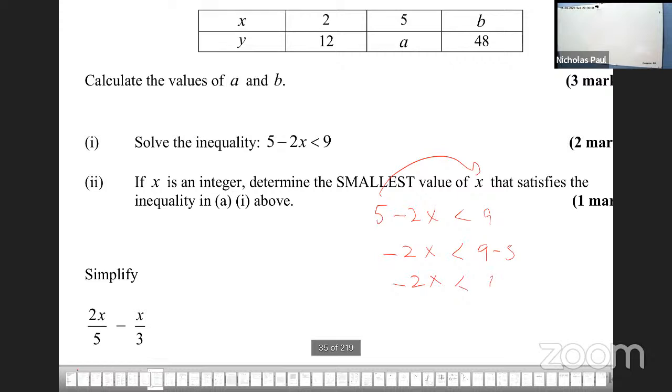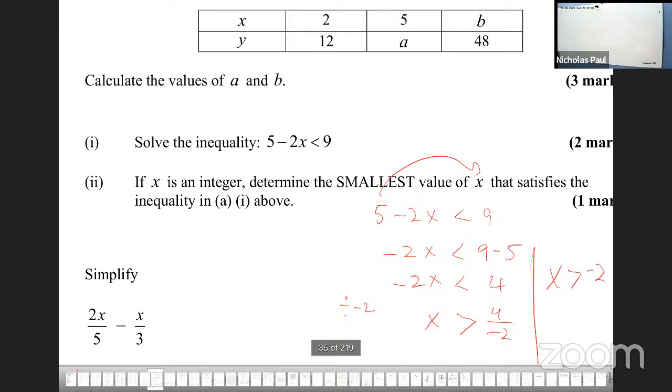Minus 2x is less than 4. We have to divide everything by minus 2. If we divide by minus 2, the sign of the inequality will change, and you will get 4 over minus 2. So x is more than minus 2.